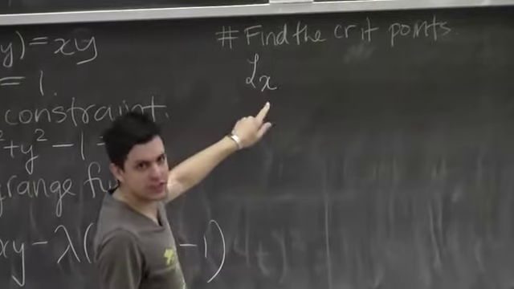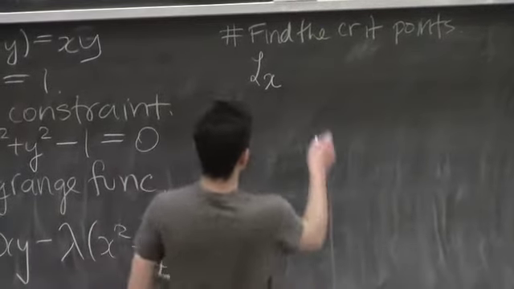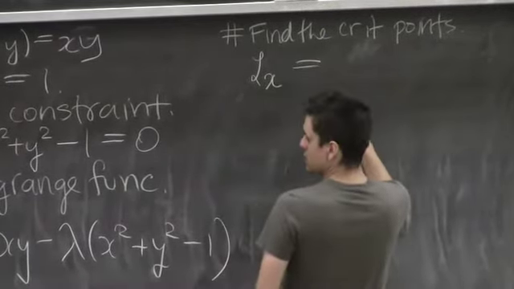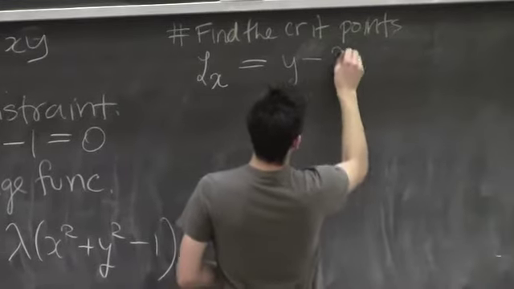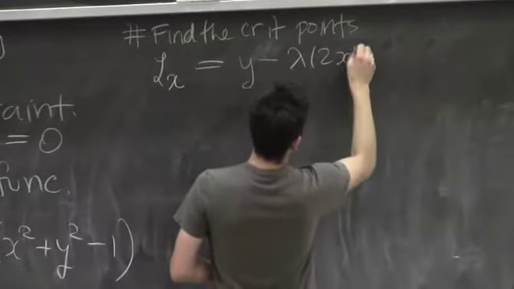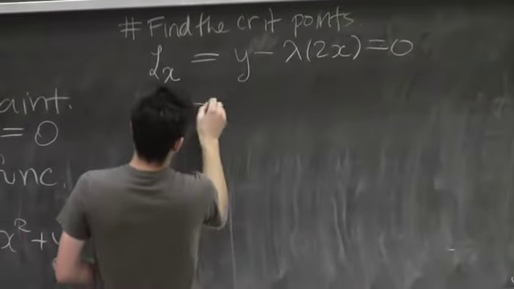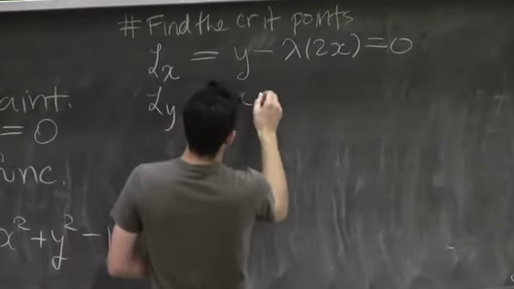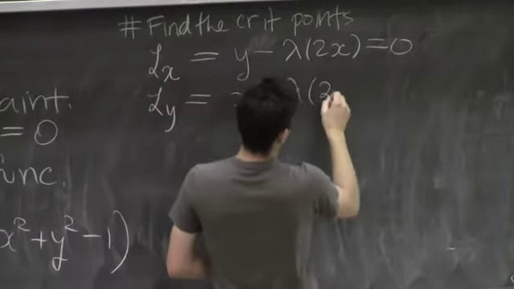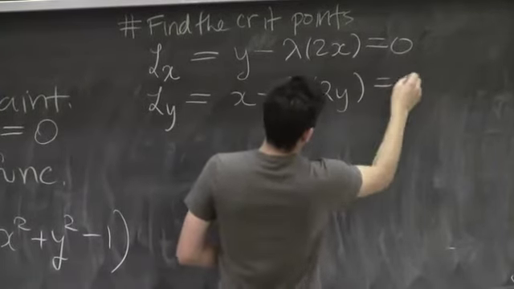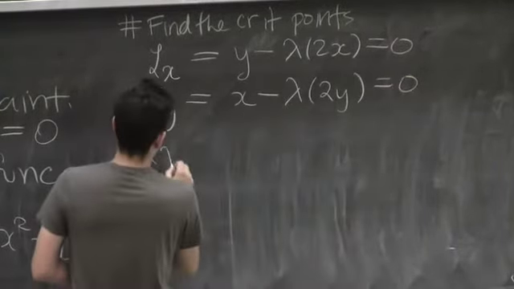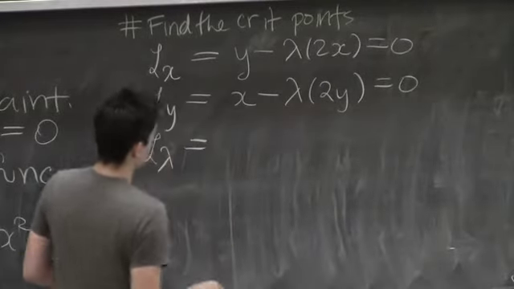That's the derivative in terms of x. So that will be y minus lambda 2x equals 0.